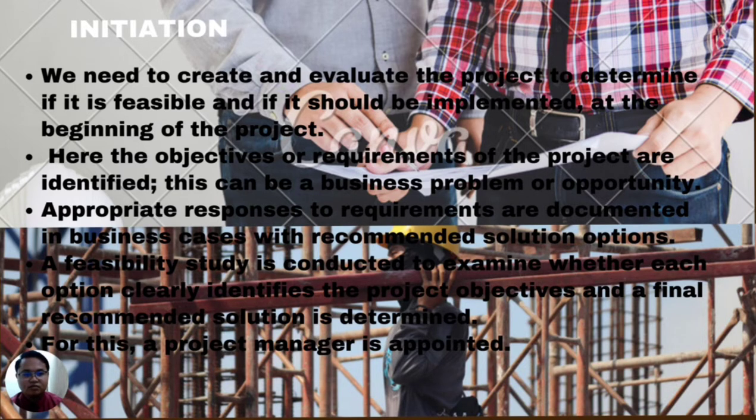This can be a business problem or opportunity, with an appropriate response to the requirement document. In the business case, a solution option is recommended. A feasibility study is conducted to examine whether each option clearly identifies the project objective, and a final recommended solution is determined. Then the project manager is appointed.